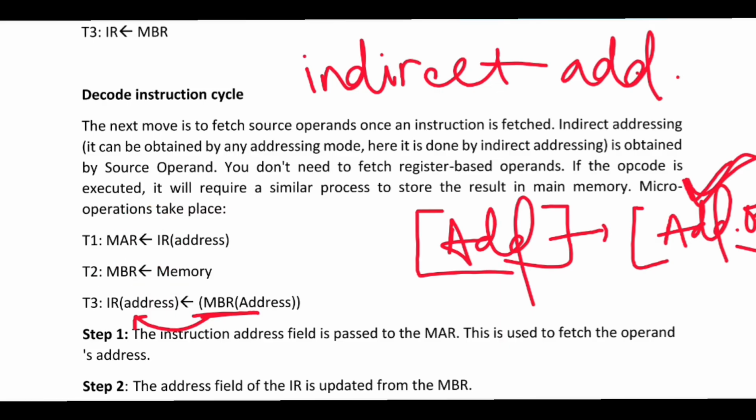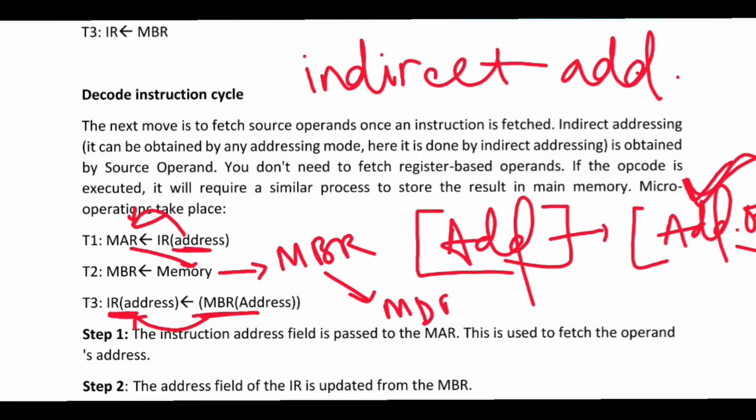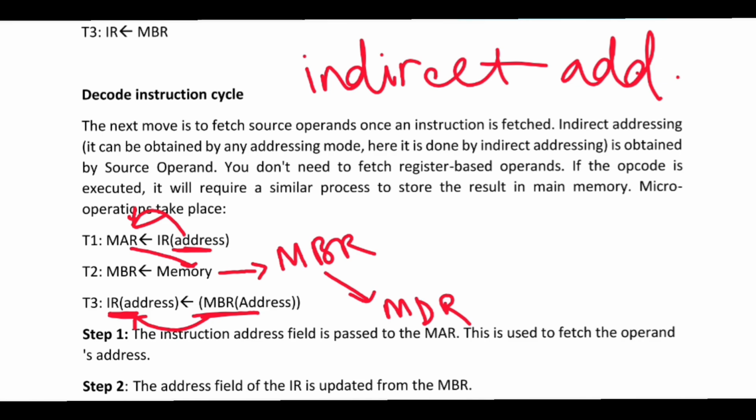And again from the instruction register we go to the memory address register, then to memory, then memory to the memory buffer register, then to the memory data register, and then from the memory data register to the ALU. This is our instruction decode phase.